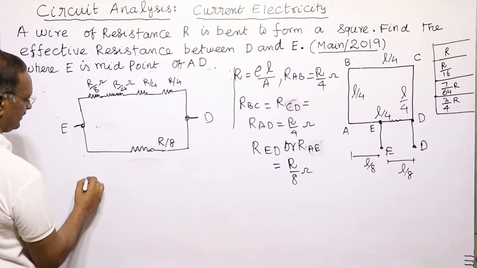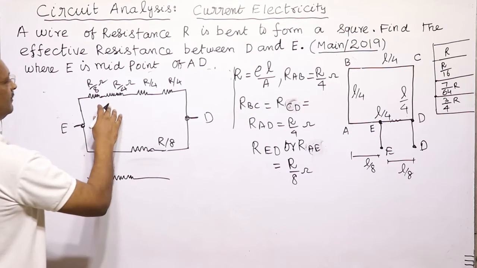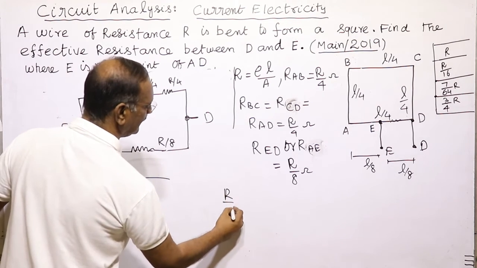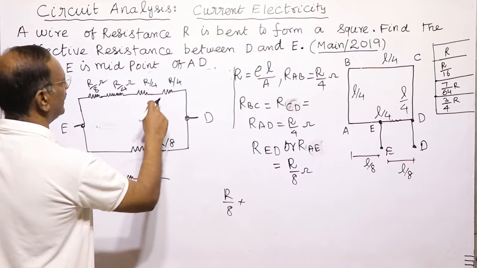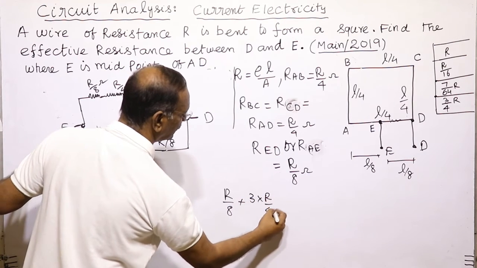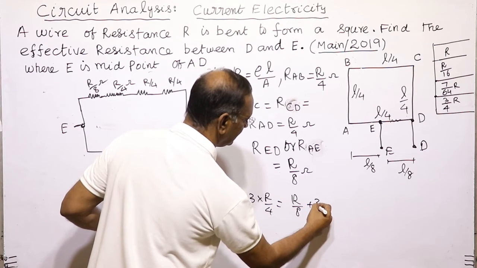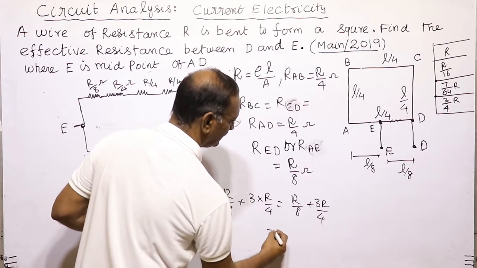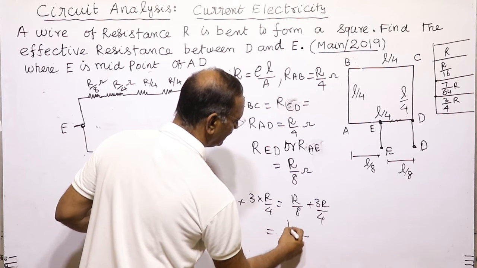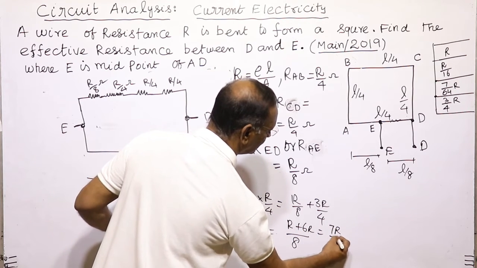This equivalent circuit, we can write as simple equivalent circuit: R by 8 plus 3 R by 4, which is equal to R by 8 plus 6R by 8. We should take common, R plus 6R is equal to 7R by 8.